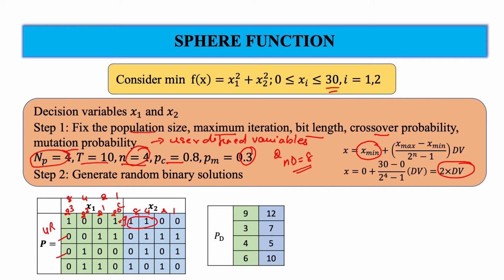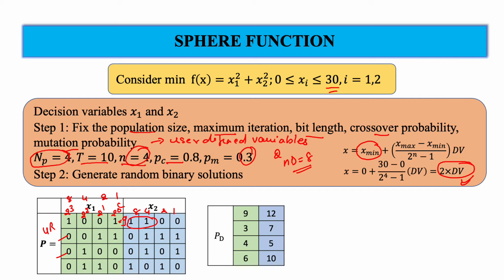But this is valid only if both variables have the same bounds and the same bit length. If they have different bounds, then the formula will be different for each variable. In that case we get a different expression for x1 and a different expression for x2.